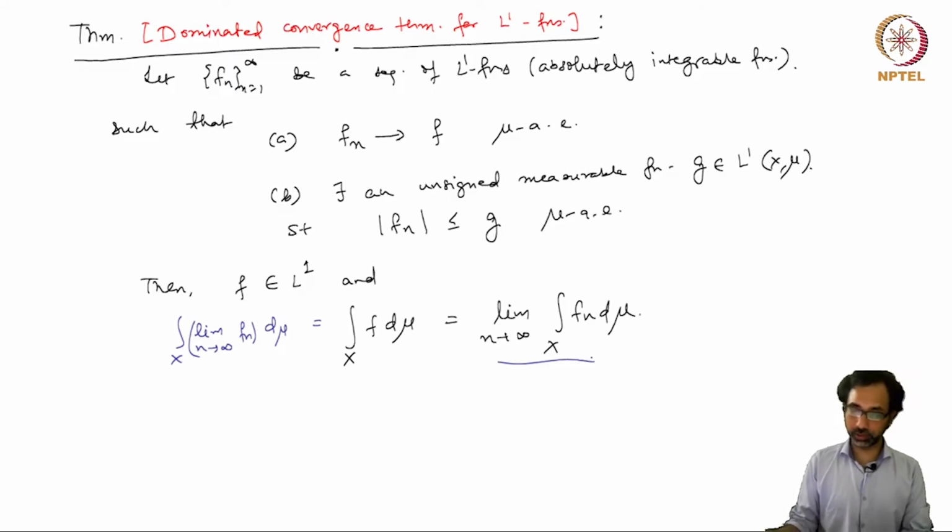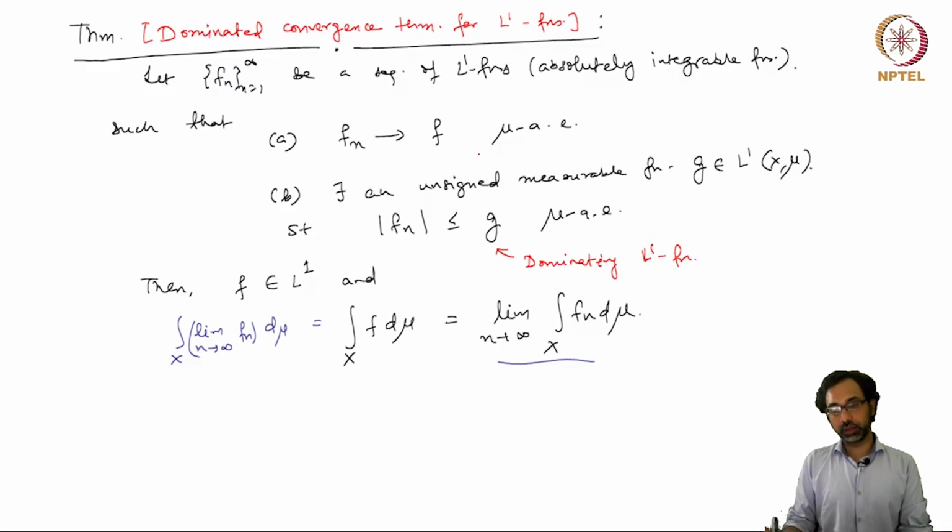This is called the dominated convergence theorem because we have a dominating L1 function g, which bounds all these f_n's, and this guarantees that your limit is going to be L1 and the integral of the limit is the limit of the integrals.